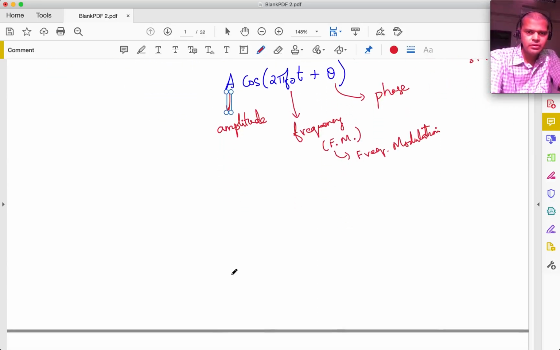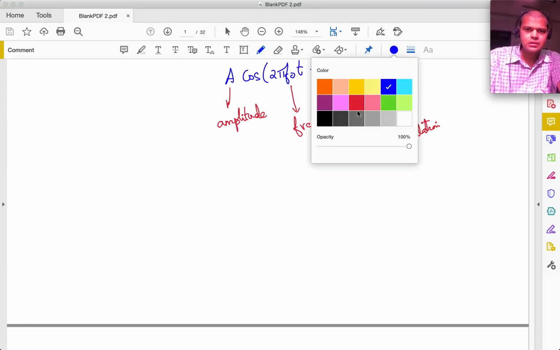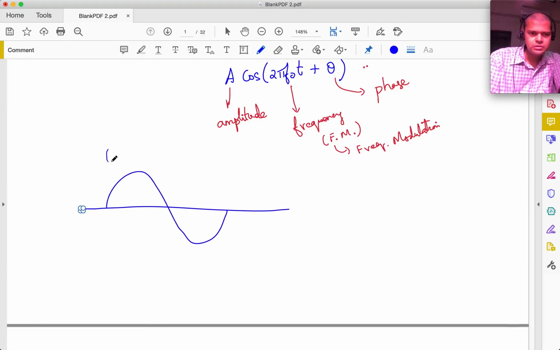So let's think about it. How do we visually think about this? So maybe before we look at mathematics, let's just draw what this would look like, cosine. So suppose I have cos 2 pi f0 t, it would look like this.